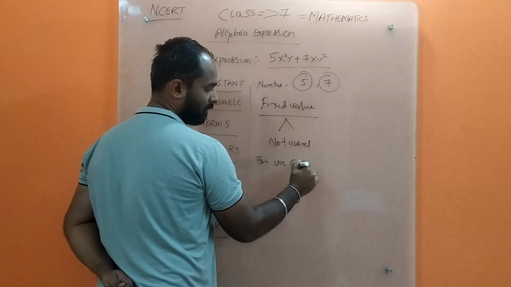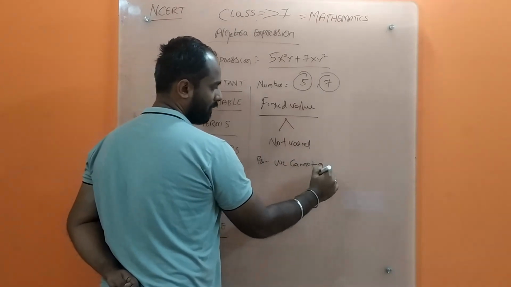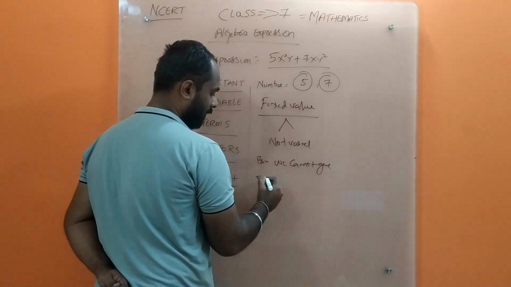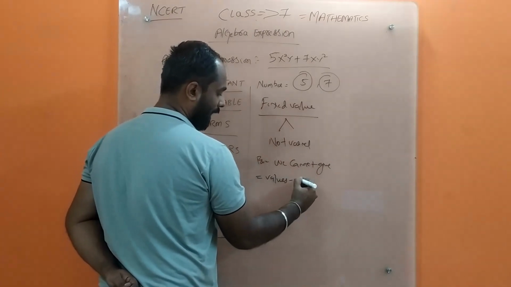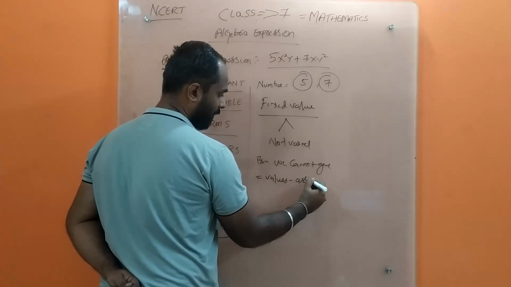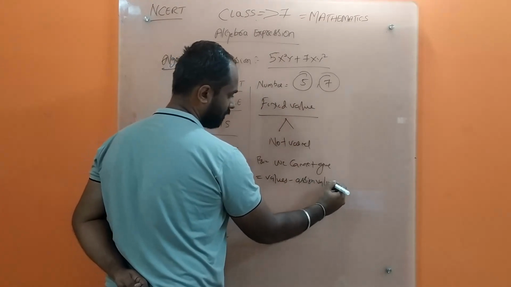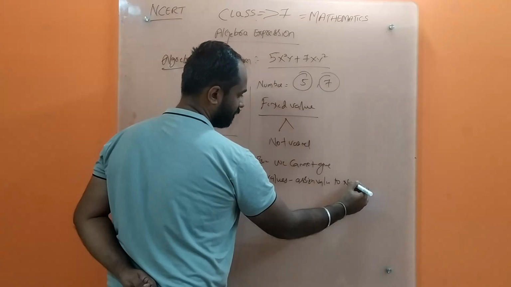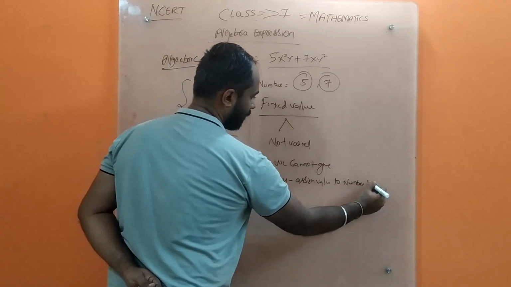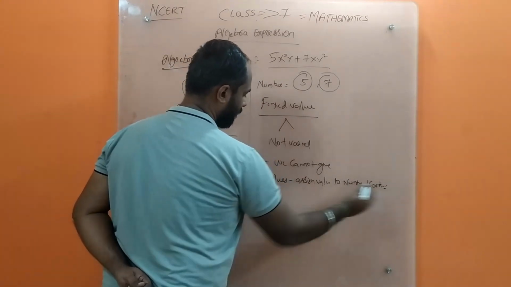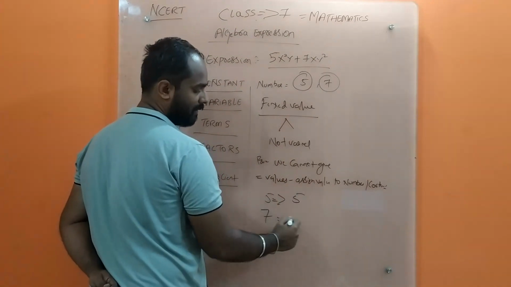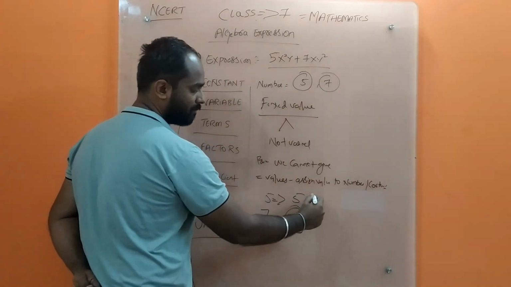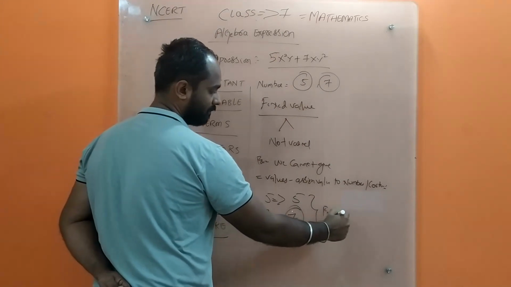We cannot assign any values to numbers or constants. 5 will always remain 5, 7 will always remain 7. Both are fixed values.